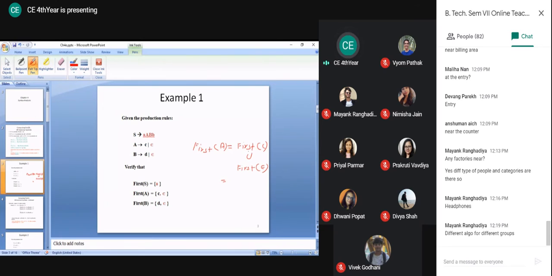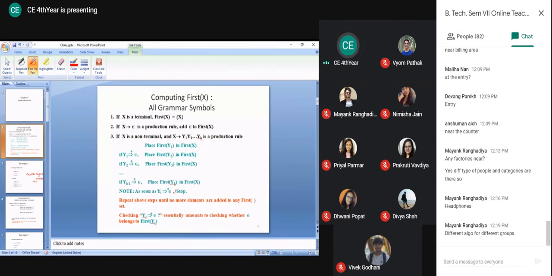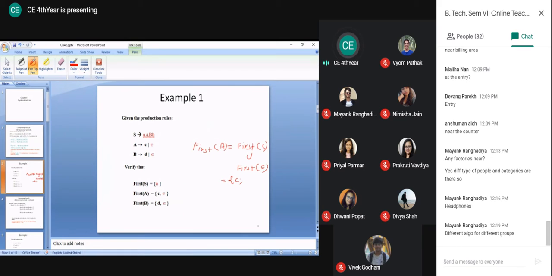Now C itself is a terminal symbol, so we get C, and first of null. As per rule number 2, we have this production, A produces null. So because of that, we'll get C and null in the first of A.